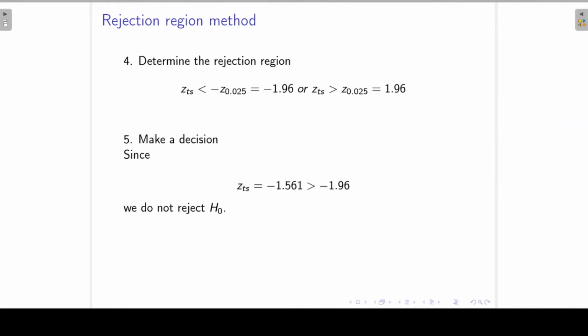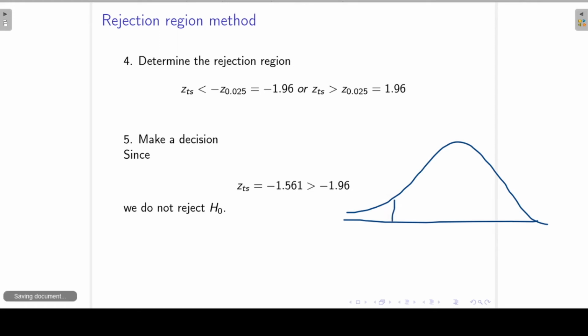Okay, and now in step 3, we calculated our observed test statistic value, which was minus 1.561. If I quickly make my graph here again, minus 1.96 over here and 1.96 to the right.